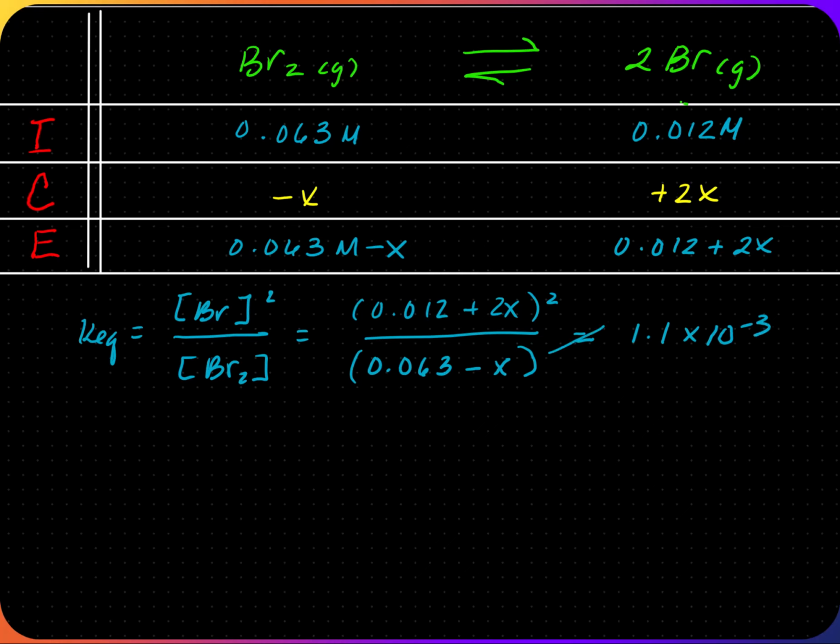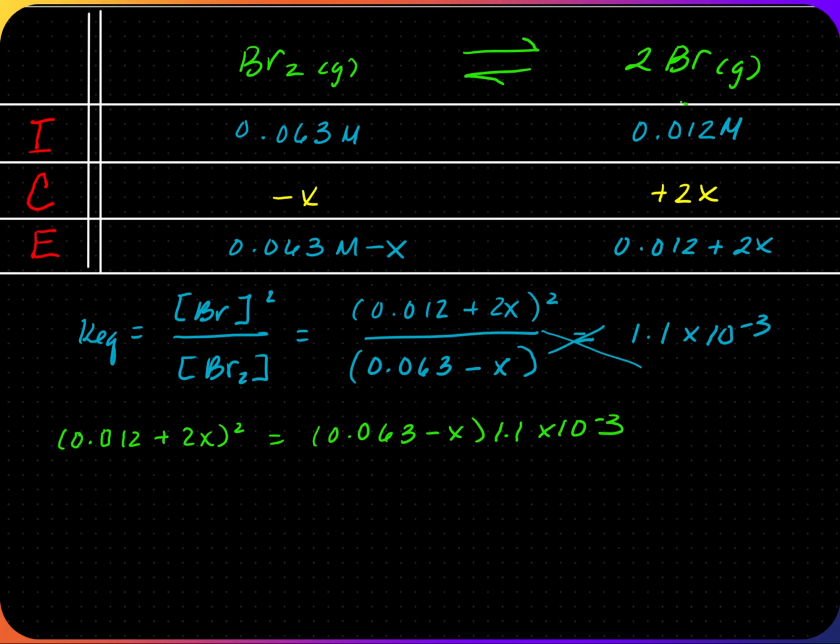Cross multiply: 0.063 minus x is going to be multiplied by 1.1 times 10 to the negative third, and this is going to be multiplied by 1. So this is going to be 0.012 plus 2x, squared, equal to 0.063 minus x times 1.1 times 10 to the negative third.